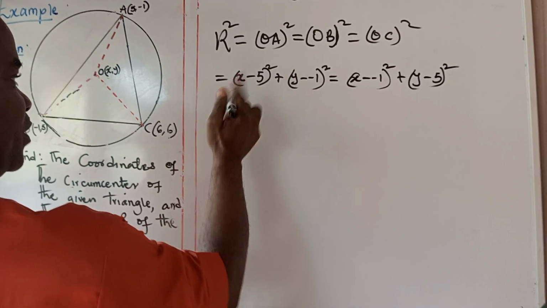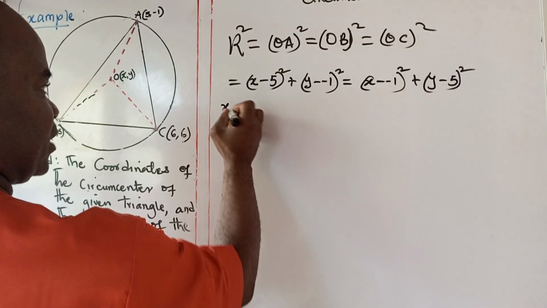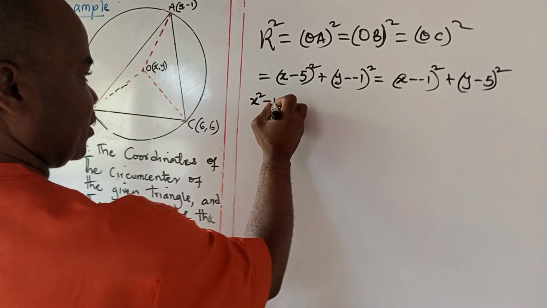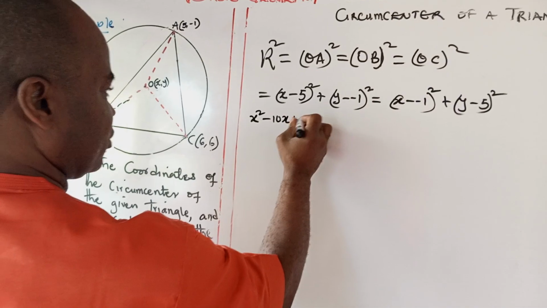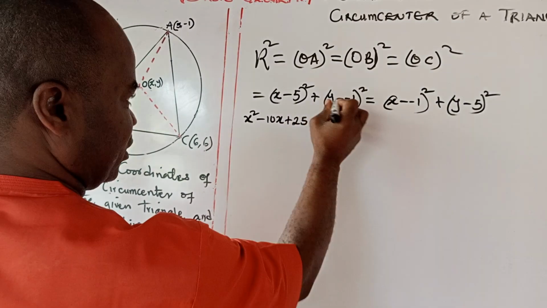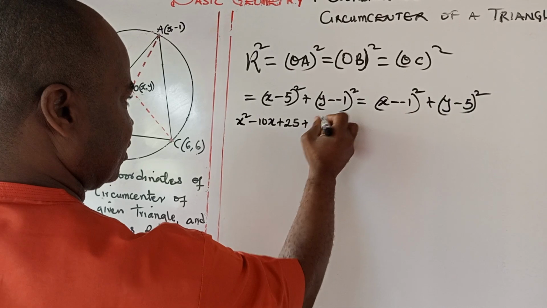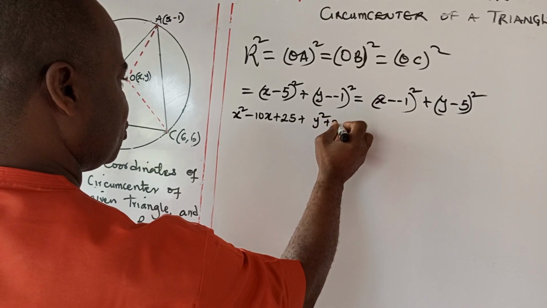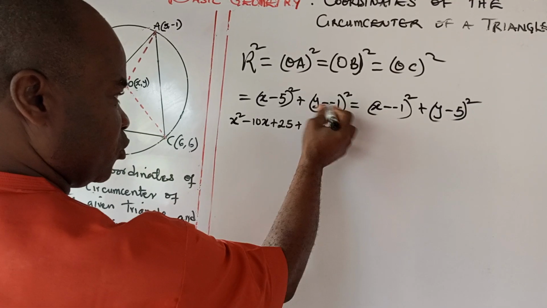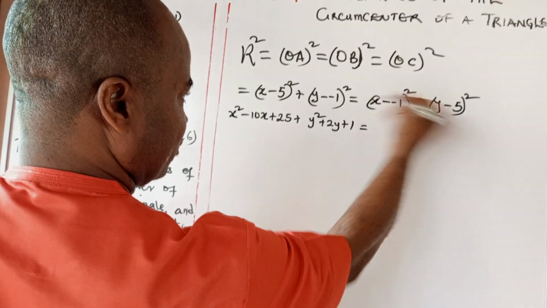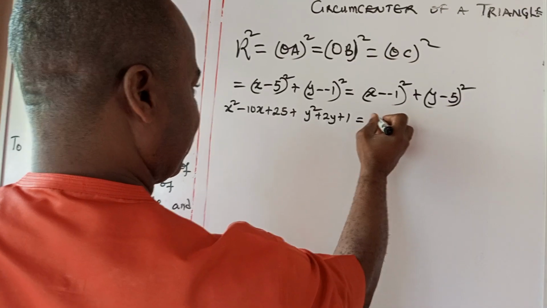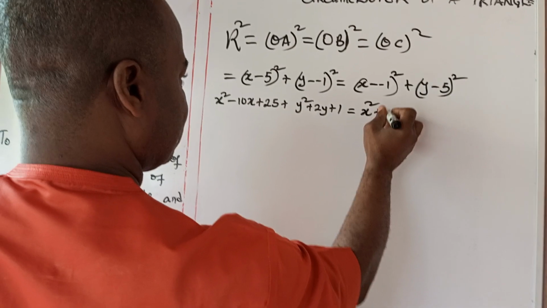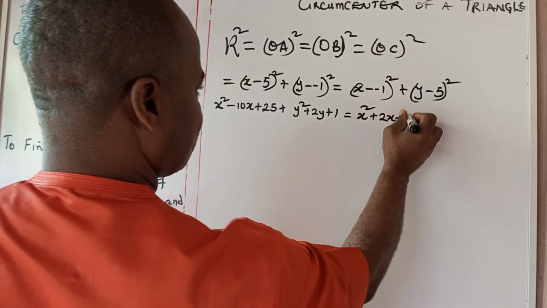So equating these two sides, we need to expand the brackets. Expanding these brackets, we are going to have x squared minus 10x plus 25. Then here we'll have y squared plus 2y plus 1, because this will become plus. On the right hand side, we'll have x squared plus 2x plus 1.